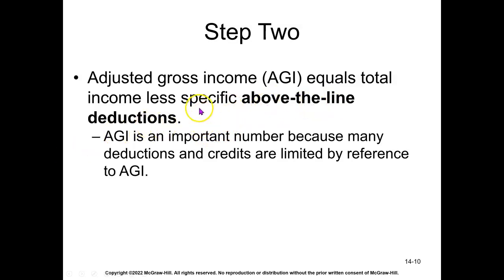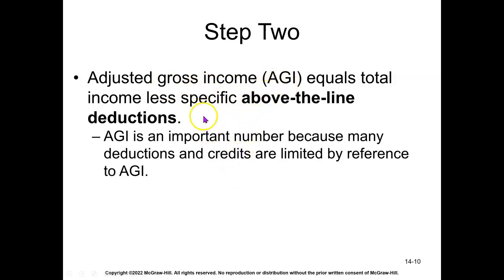So these are deductions that get adjusted from your total income before you come up with AGI, or above the adjusted gross income line. We're going to see later on, and that's when we're going to do that comparison between your standard deduction and your itemized deductions, how there's going to be a chance to have more deductions below the line. But above the line deductions are ones that get adjusted above this AGI.